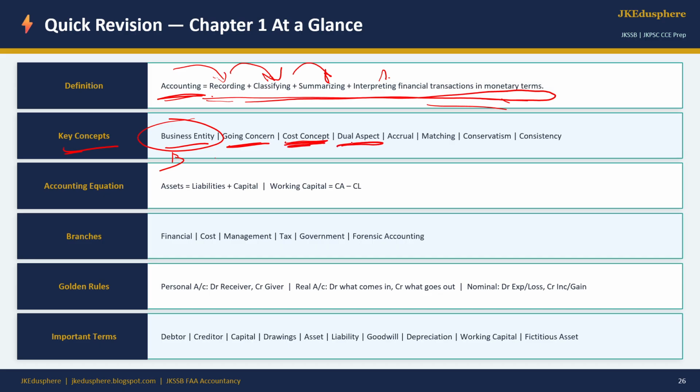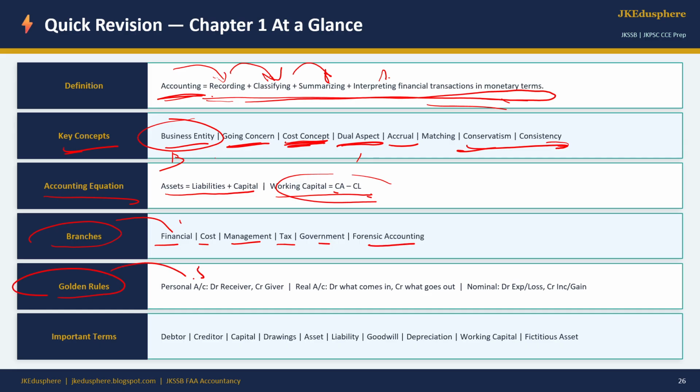Going concern: the business will go on indefinitely. The cost concept, dual aspect concept, that is debit and credit balances. Accounting equation is assets equal liabilities plus capital. Working capital is current asset minus current liability. We saw some branches: financial, cost, management, tax, government and forensic accounting.